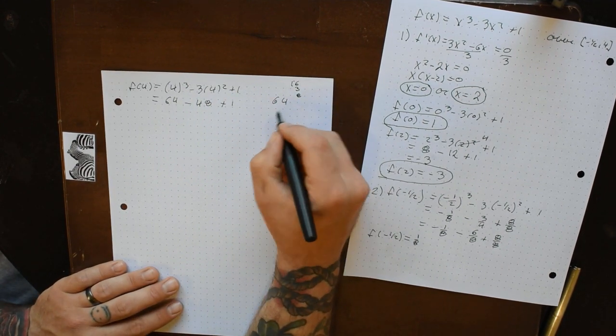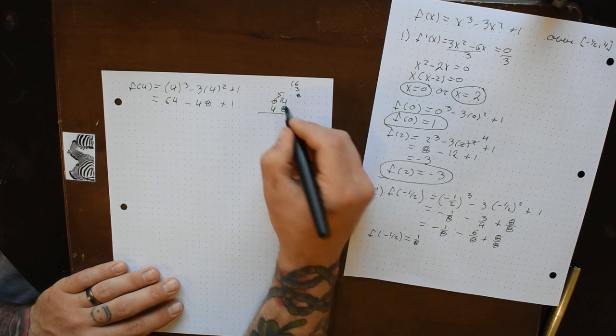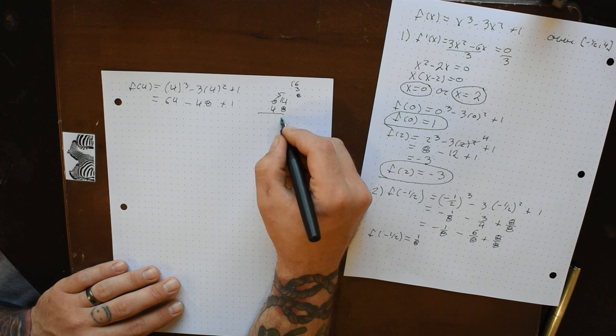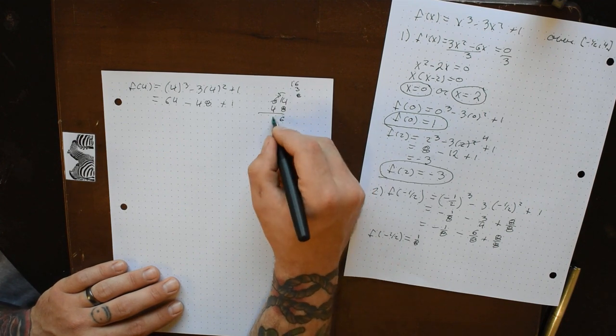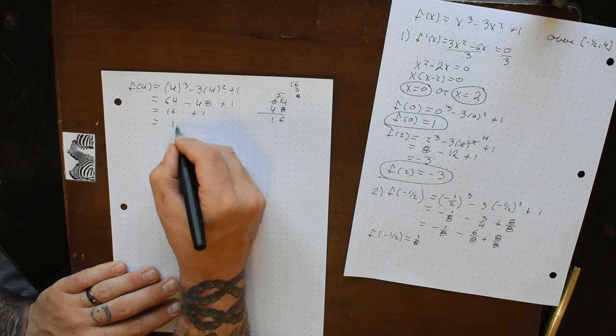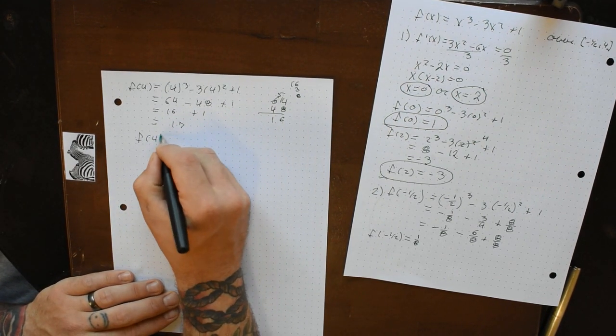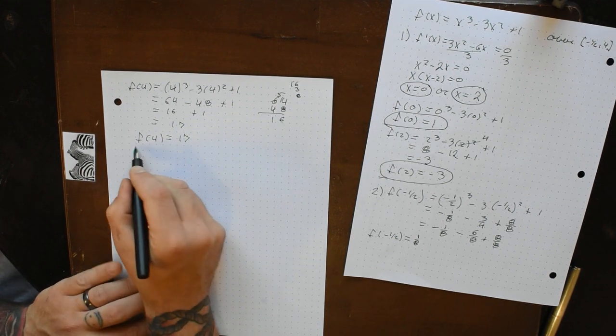Well, if we have 64 and we take 48 from it, that's going to be 16, plus 1 equals 17. Nice. f of 4 is equal to 17.